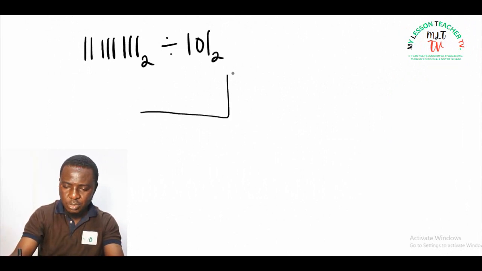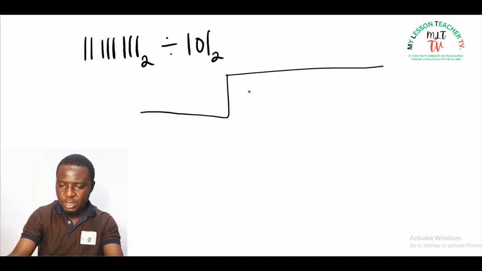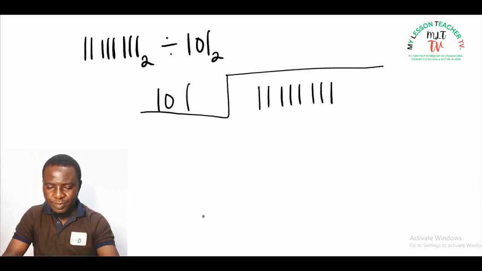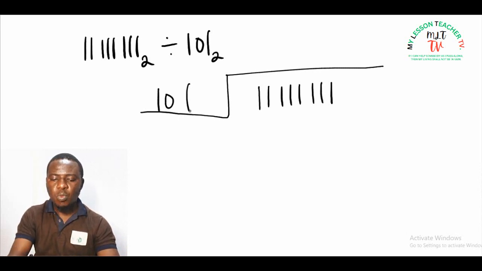Just like I said, you draw a long division and put this, which is the dividend, in the square root sign, while the divisor stands here, all in base 2. Now, you must be conversant with your multiplication table in base 2. 101 is equivalent to 5.